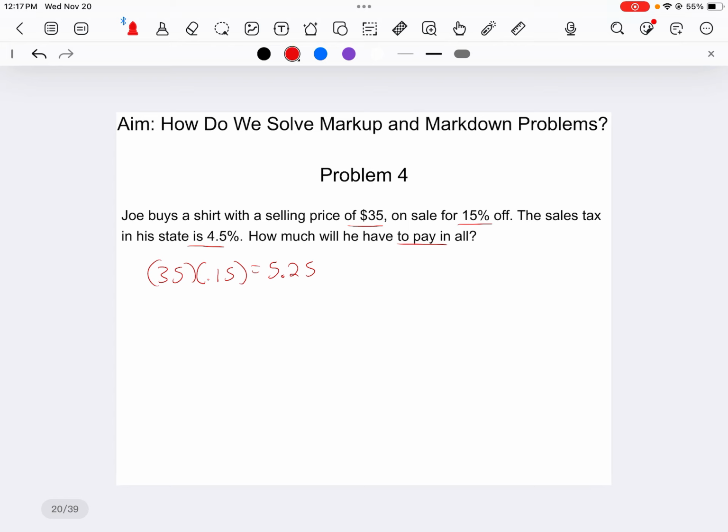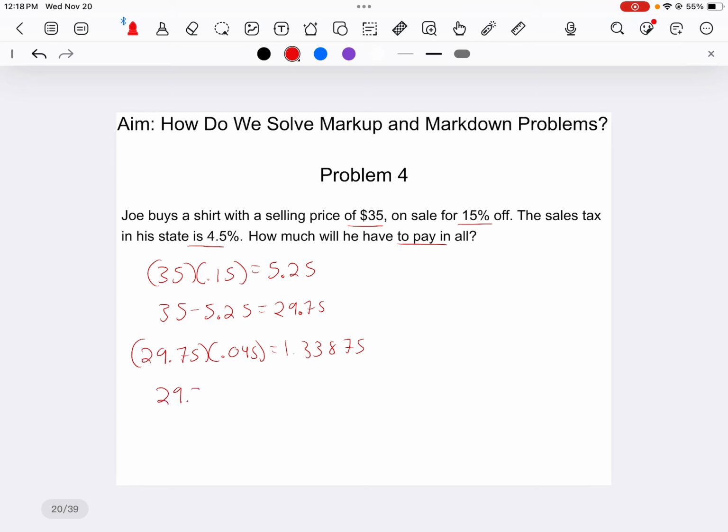And since it's on sale, we're going to subtract that from the original price. So that's going to give us $29.75. Now $29.75, that's the new price that we're going to use to determine the tax. $29.75 times 0.045 for our tax is equal to 1.33875.